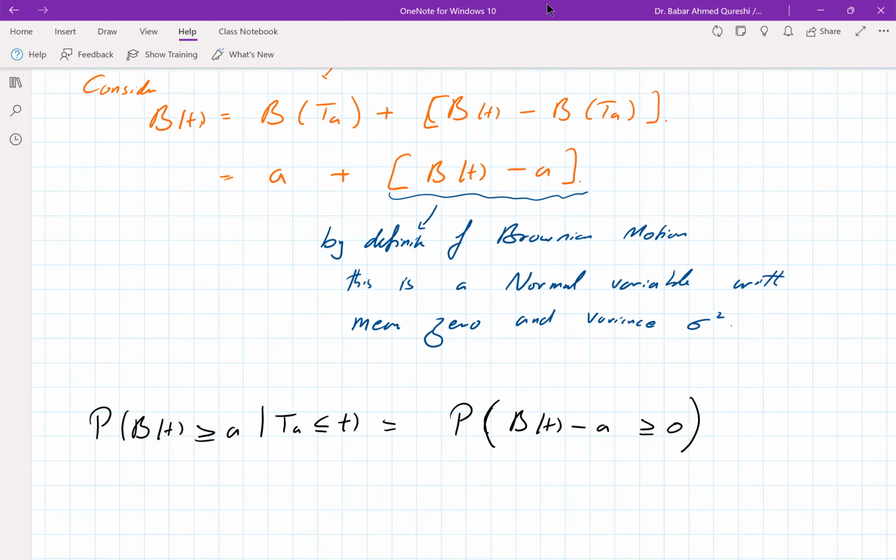So what is this saying? This probability is saying that B(t) takes a greater value than A, while T_A is equal to t.